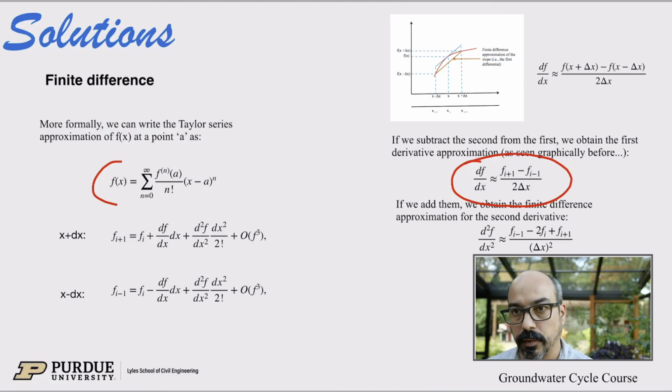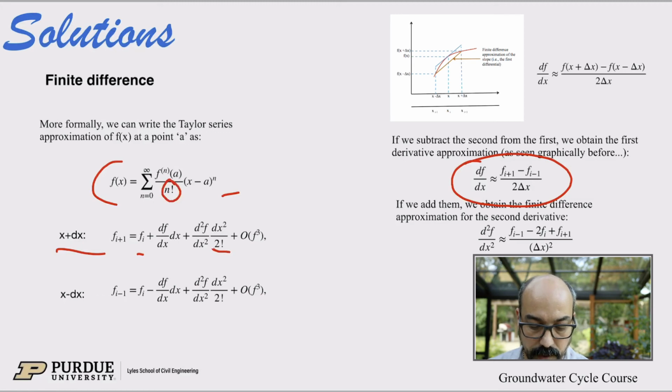I put the formula here. You don't have to worry too much about what it is, but just for completeness, this is the equation for the Taylor series expansion. If you expand the function f at some location, x plus dx, at some point a, you can see that if you plug in, you get the function at, I called it i plus 1 here, f of i plus df dx dx plus the second differential dx squared over 2 factorial.